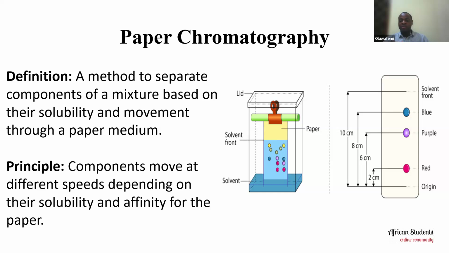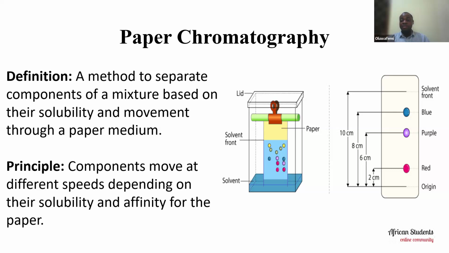Then, based on their movement or their solubility and movement through the paper medium, they will separate out. So if you have the red or the blue having better solubility or movement through the paper medium, it will move faster and get to the solvent front even before any of the other colors.